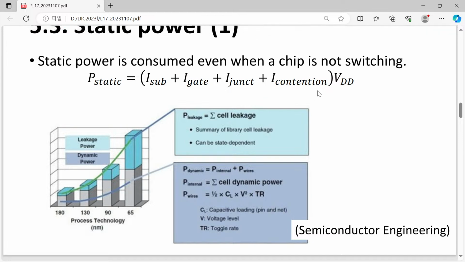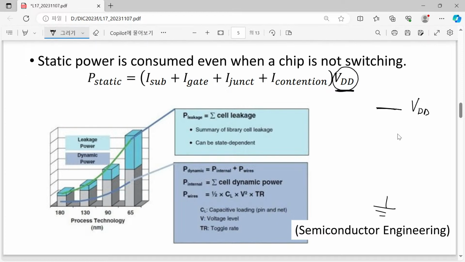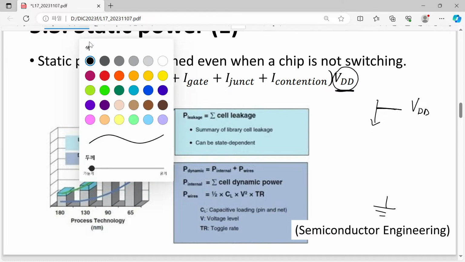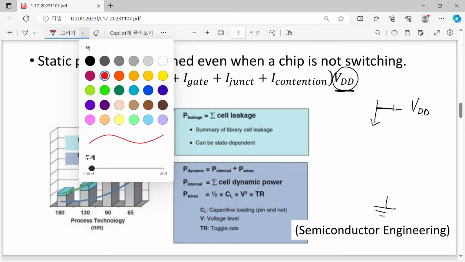We have VDD, and here we have ground, and any kind of current conduction between them will contribute to this static power consumption. That is quite obvious.